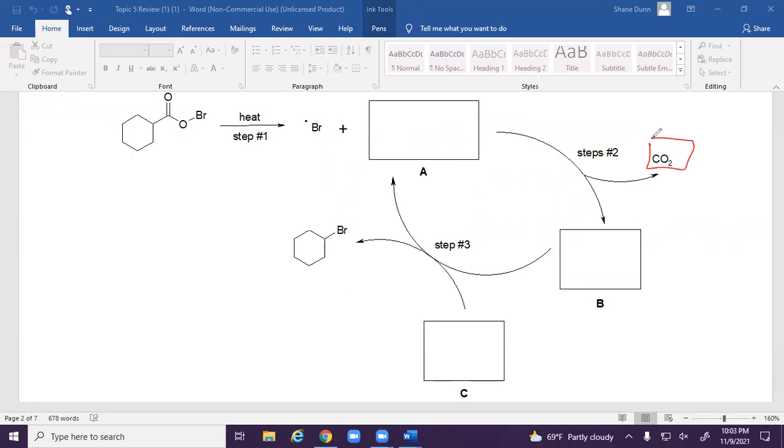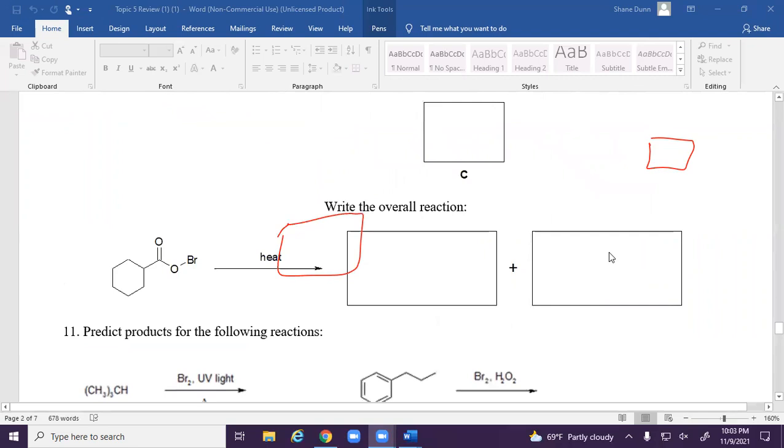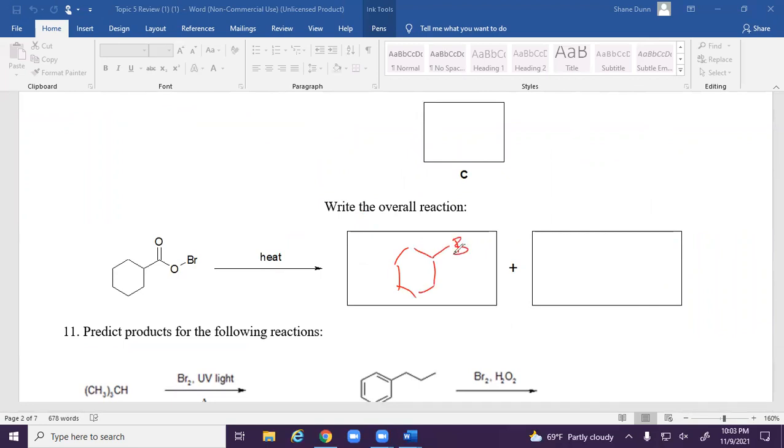CO2 is one. What's the other thing that left? Not the bromine, this guy. Okay. Those are your two products because they leave the never-ending cycle. So that's what you put here. Those are your major products. So the overall reaction makes those two different things, but that's how you make them.